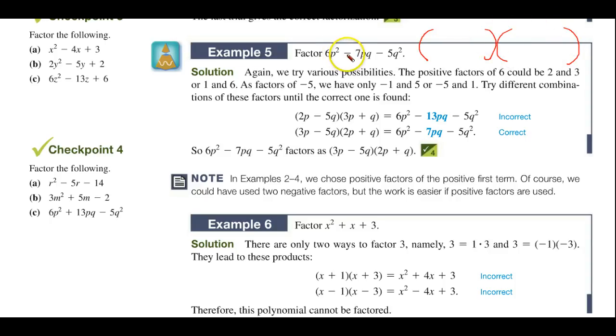So when you have a 6 as your A term, and by the way, you could put your P there, a P there, and since we're introducing another letter, this will be a Q, and this will be a Q. So now we have both negative, so one of these will be positive, and one of these will be negative. So we've set up sort of what we could without really doing any figuring yet.